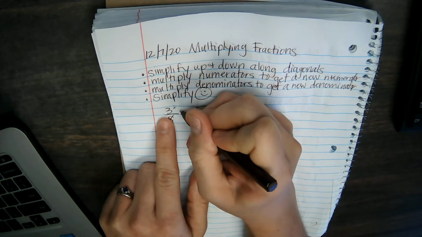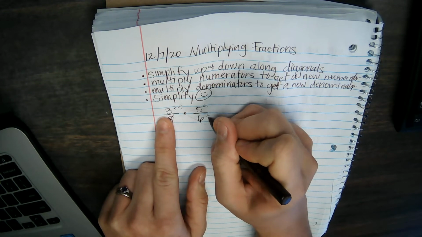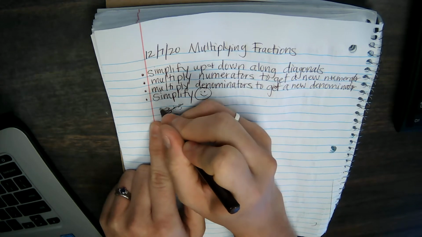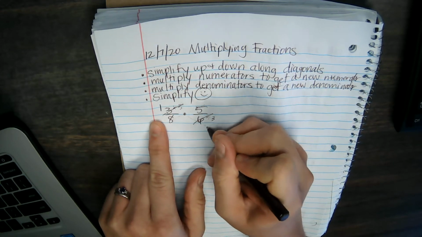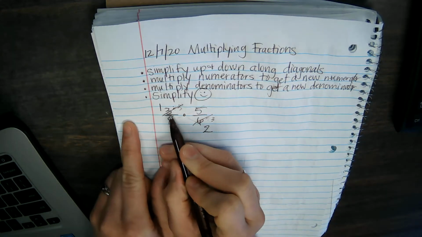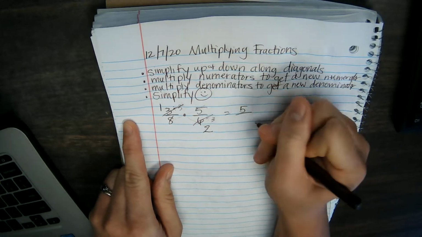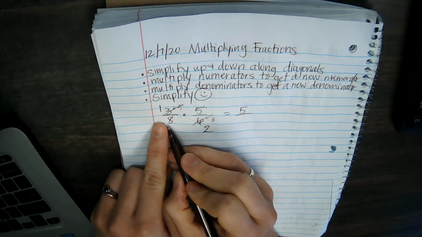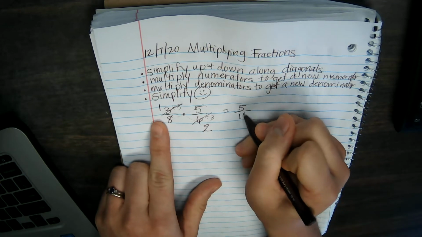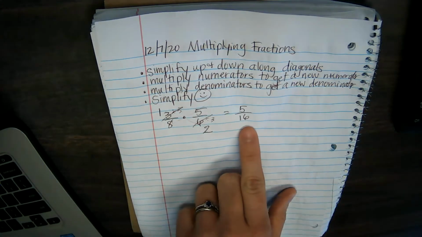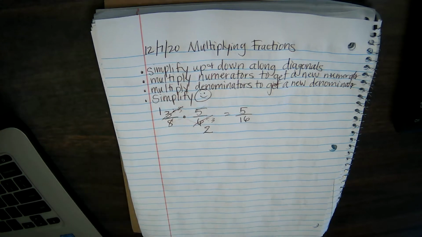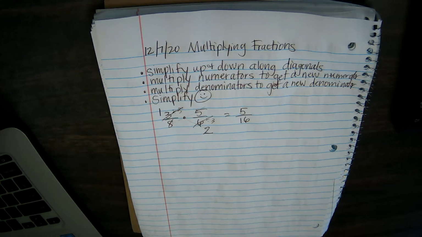So if I divided both by 3, I would have 1 here and 2 here. So now when I multiplied across, I'd have 1 times 5 is 5. And I would have 8 times 2 is 16. So now, since we simplified before, we don't have to simplify again this time.